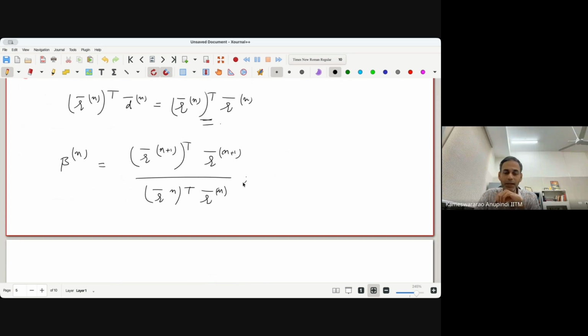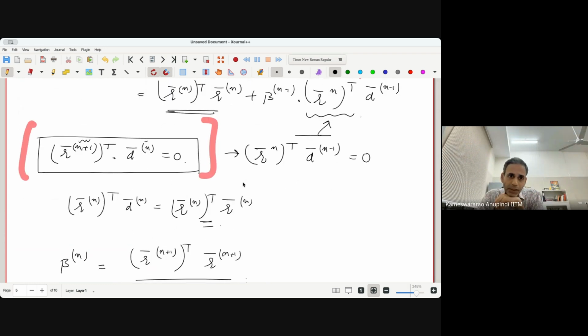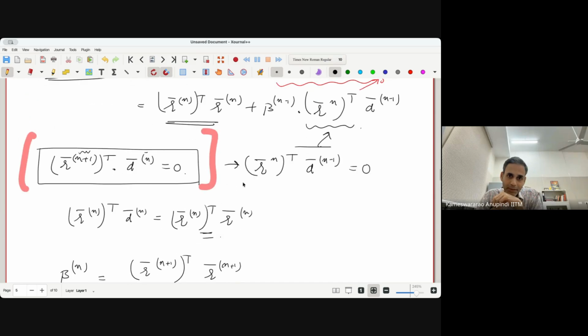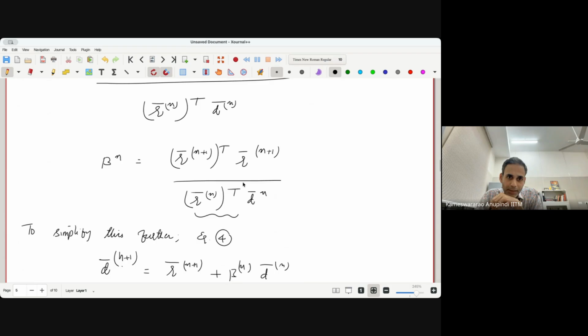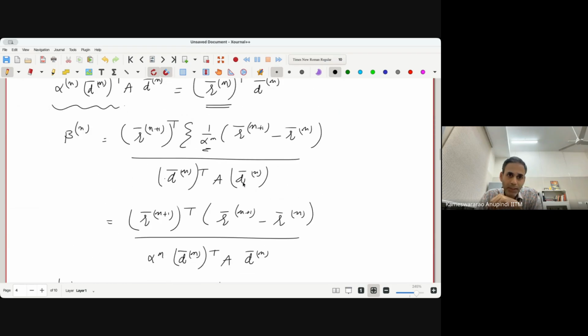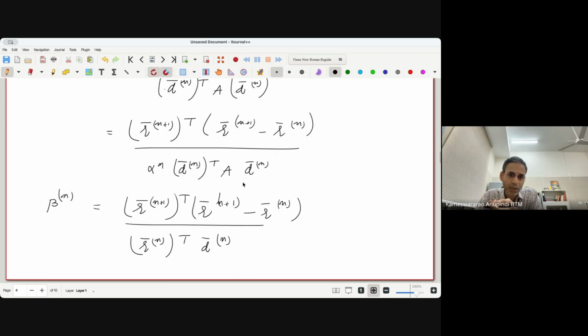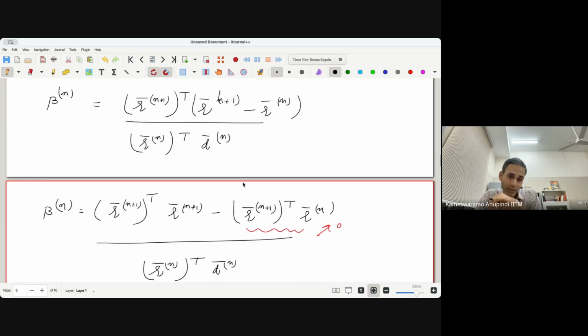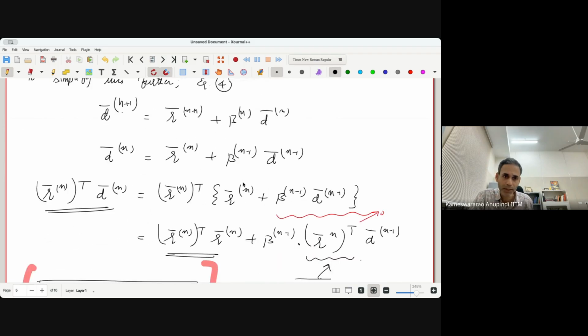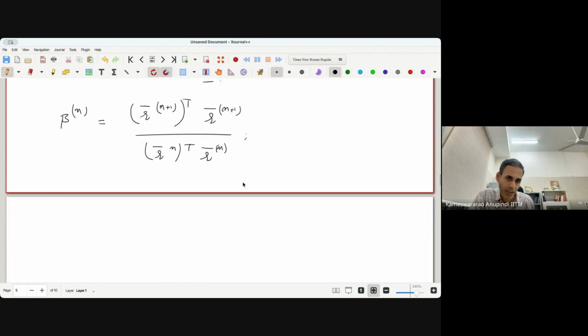Okay, so that is my beta n. Now we are able to calculate everything, right? We calculate what is alpha n, we calculate what is beta n, we calculate what is d n plus 1. So that means we are now ready to write the conjugate gradient algorithm.